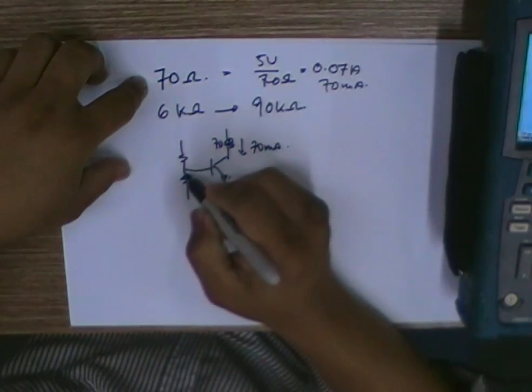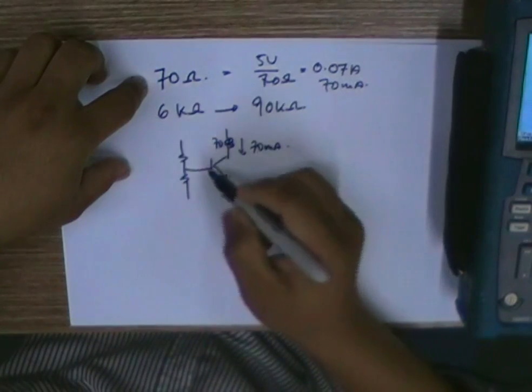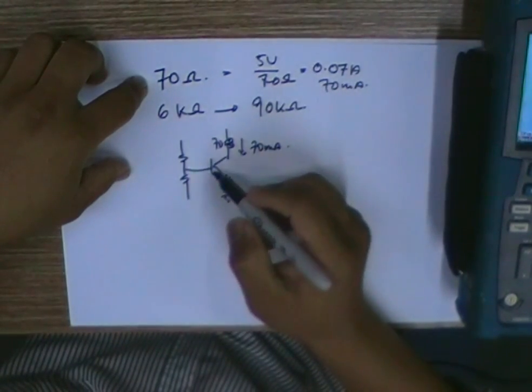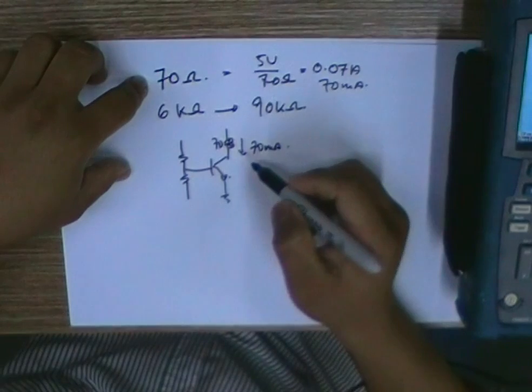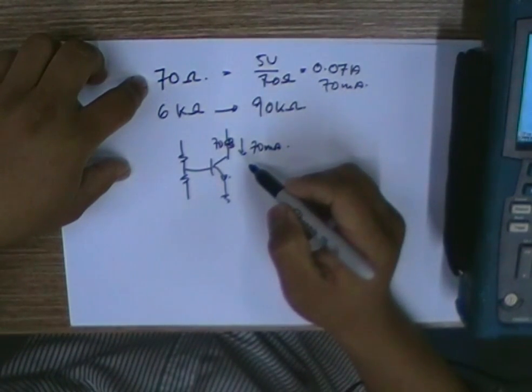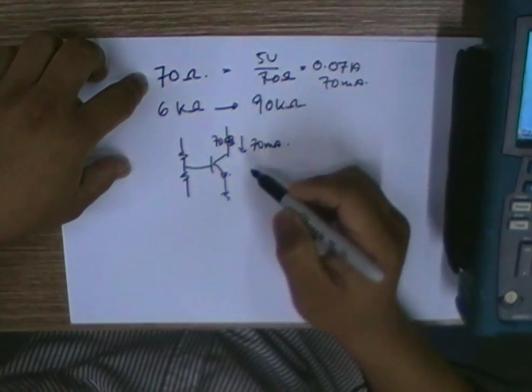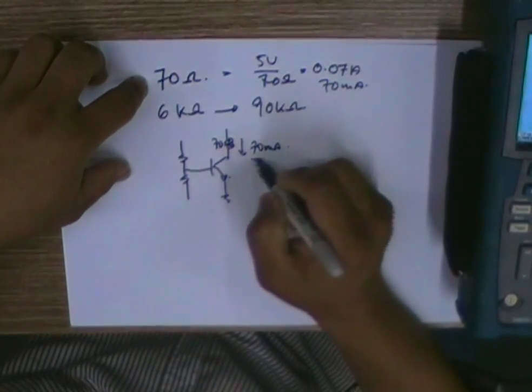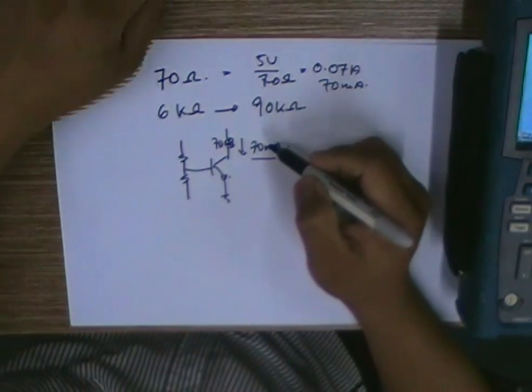Now, no matter which one you want it to be, whether it switches on when there is light or switches on when there is no light, what you need is 70 milliamps to switch on the relay.